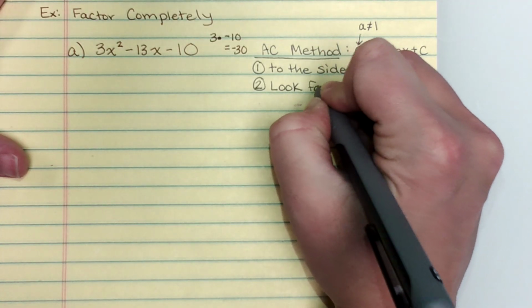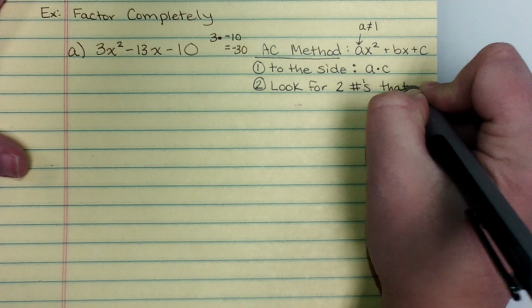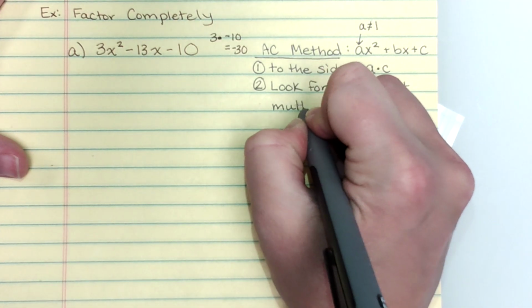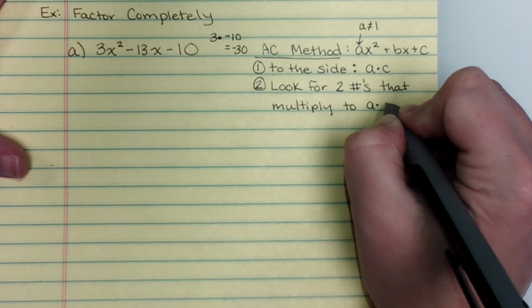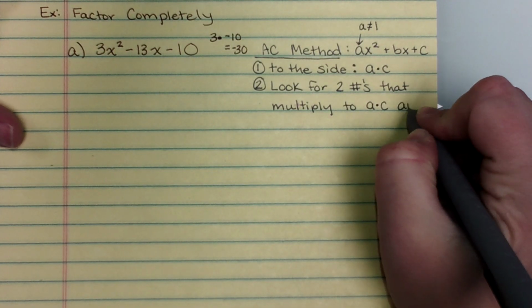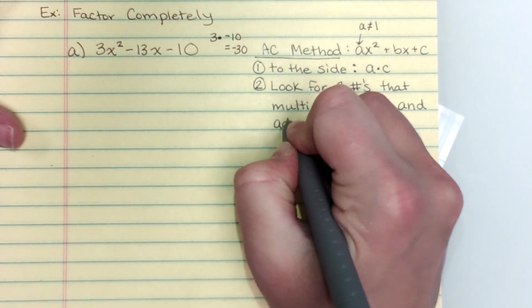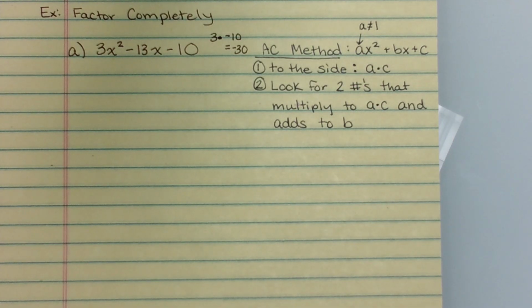We're going to look for 2 numbers that multiply to whatever A times C is, not just C this time. So whatever that number is that you found off to the side, and adds to B. So it's still adding to that term in the middle, but it's multiplying to that term that we just got off to the side, that negative 30.